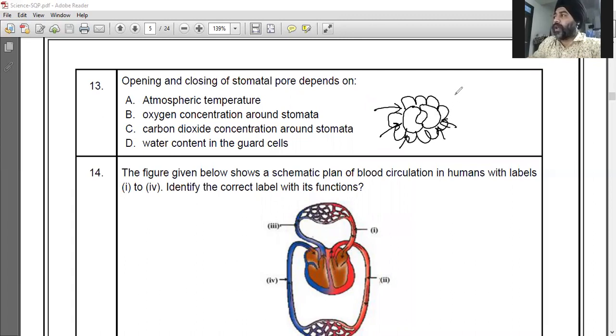And during the reverse process, when the water moves out, the guard cells will shrink, and the stomata will close. So the question is that opening and closing of stomatal pores depends on, the correct option is water content in the guard cell. So this was a question from biology, chapter number 6.